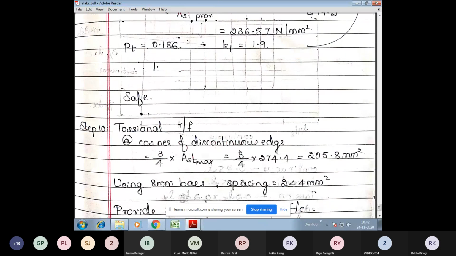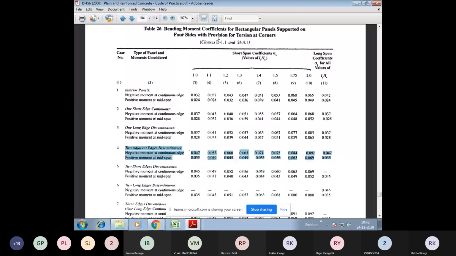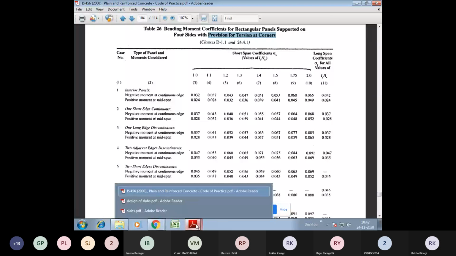And now the next thing is torsional reinforcement. As we are using table 26 of IS 456, here we have the provision for torsion at the corners, so that the corners are not lifted up.